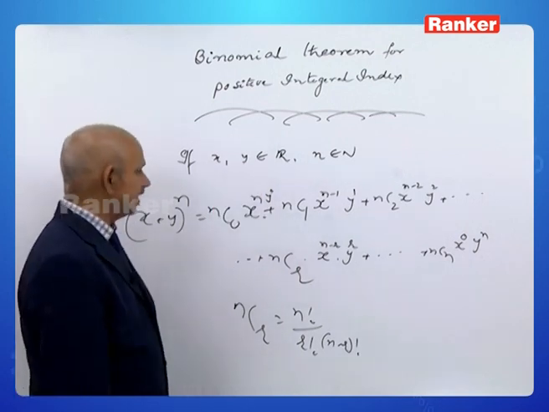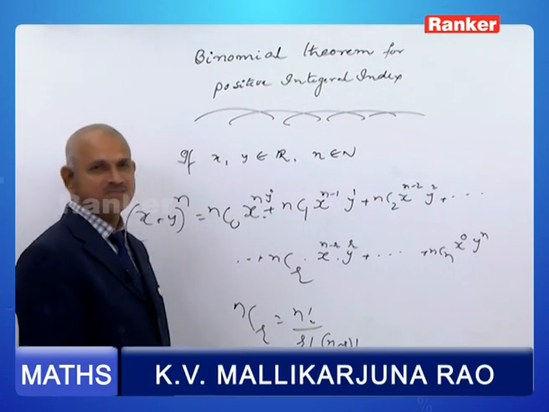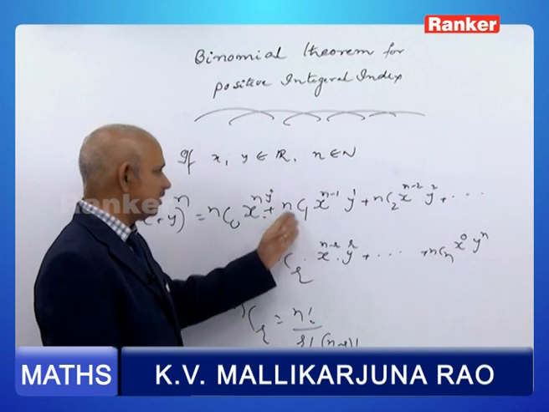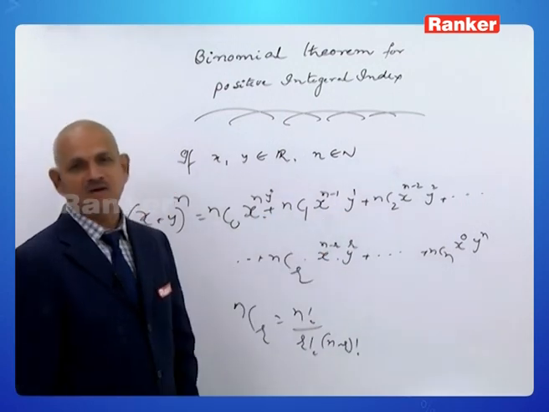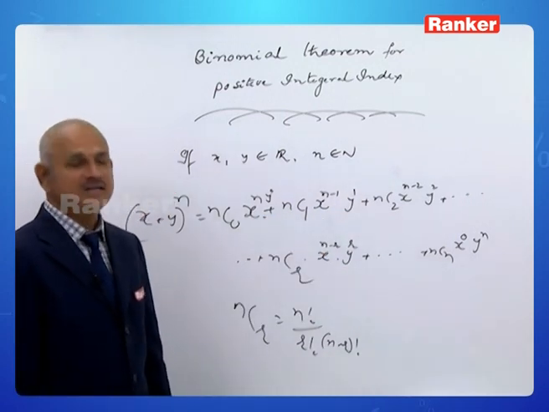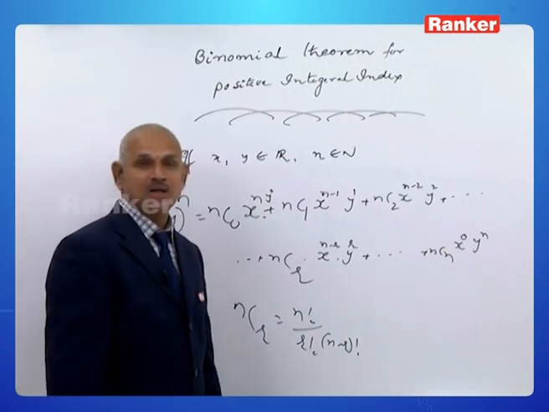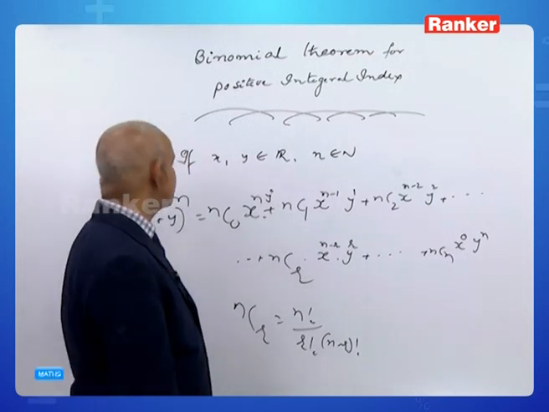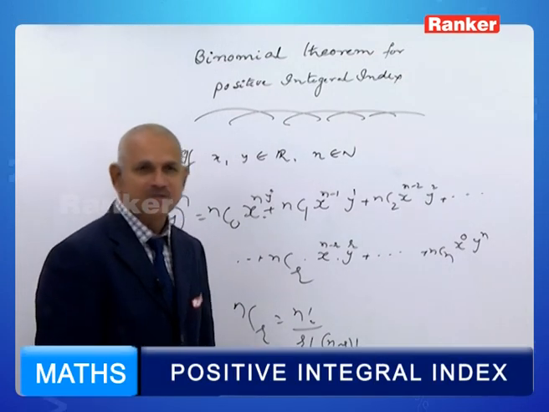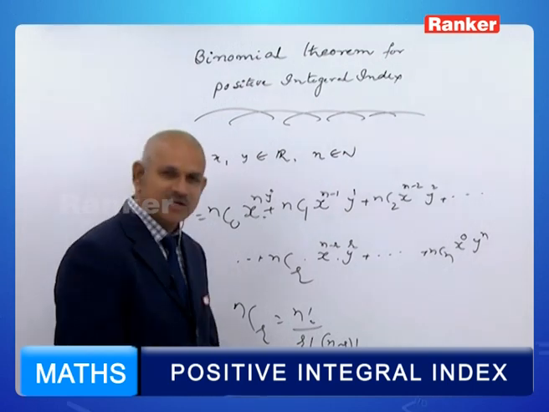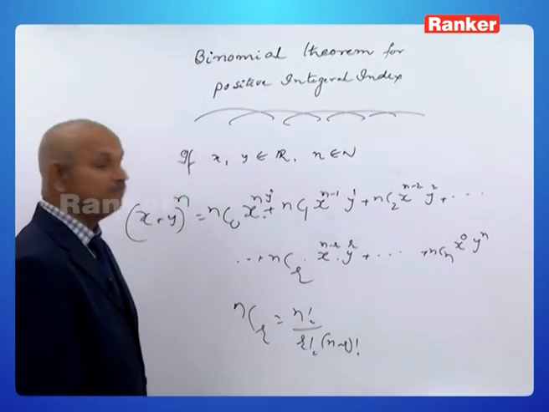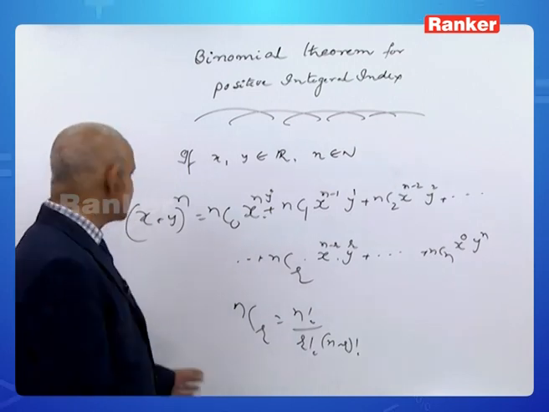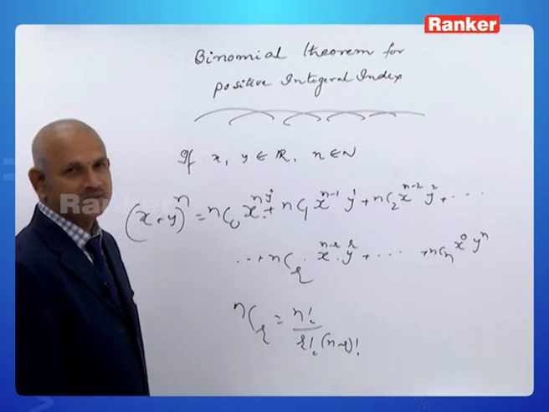So altogether, how many terms are there in this expansion? n plus 1 terms are there, and these coefficients nC0, nC1, nC2, etc., nCr, nCn are termed as binomial coefficients hereafter, because they could be used in the statement regarding binomial theorem. They're called binomial coefficients. That's it about (x plus y) whole to the power of n.